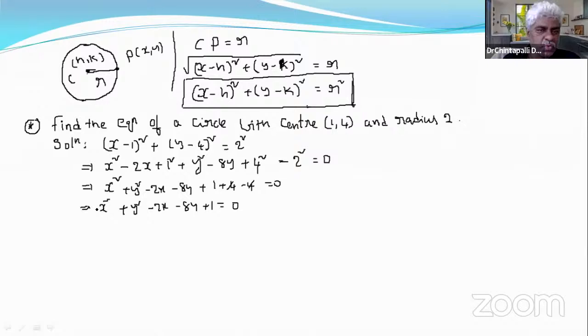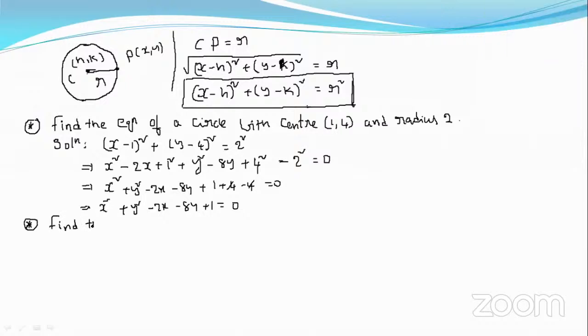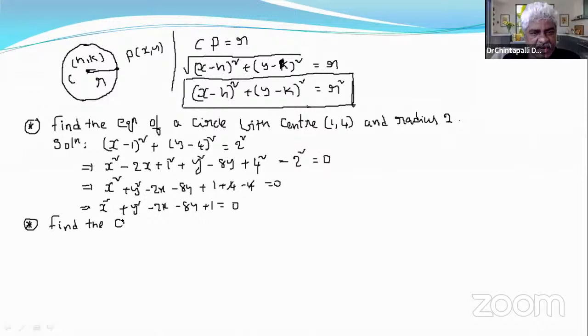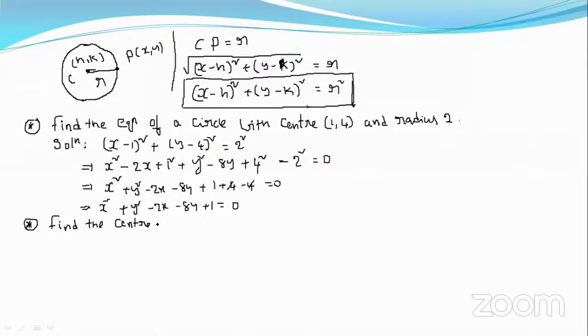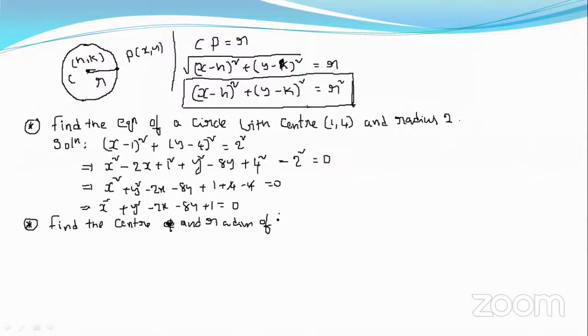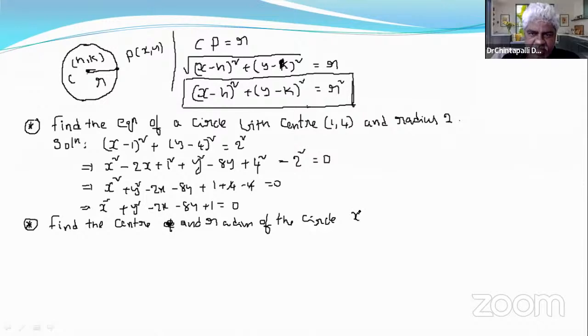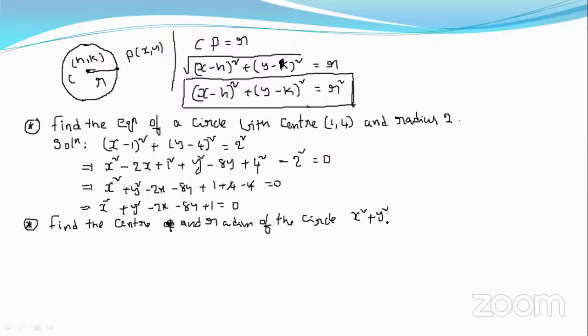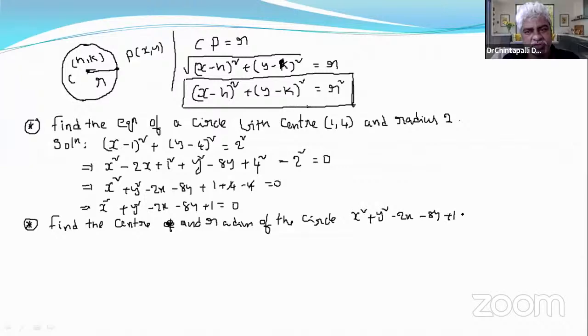The reverse version of this question is like this. Find the center and radius of the circle x square plus y square minus 2x minus 8y plus 1 equals 0, right?